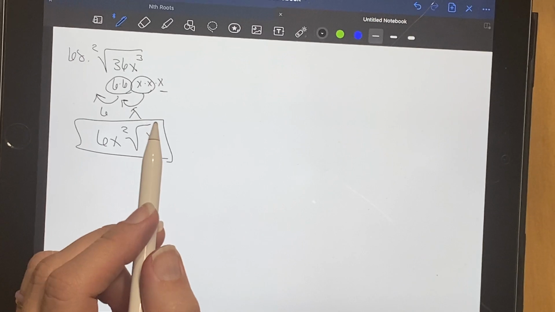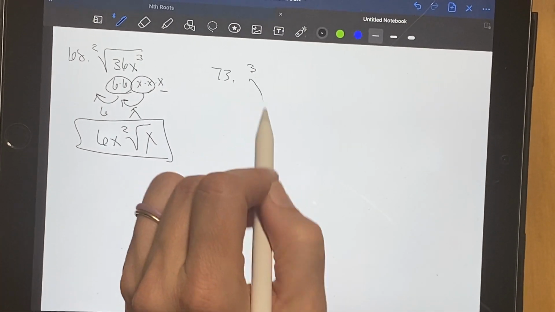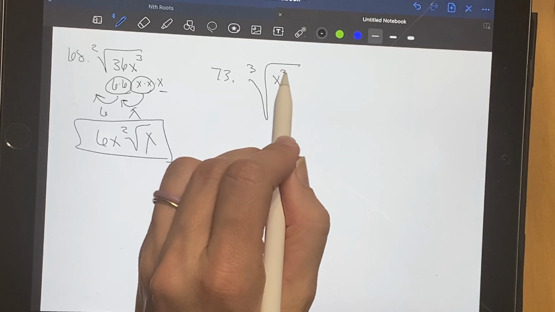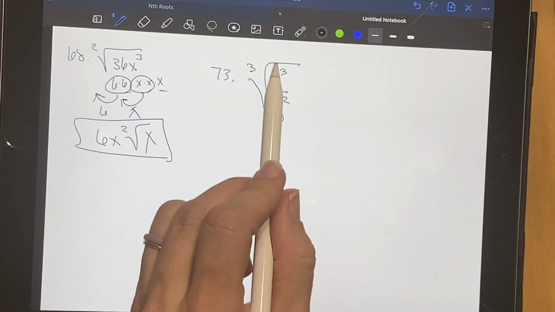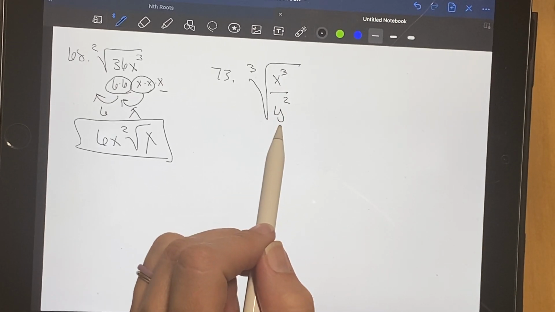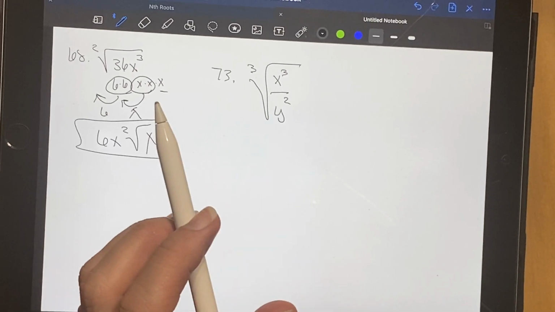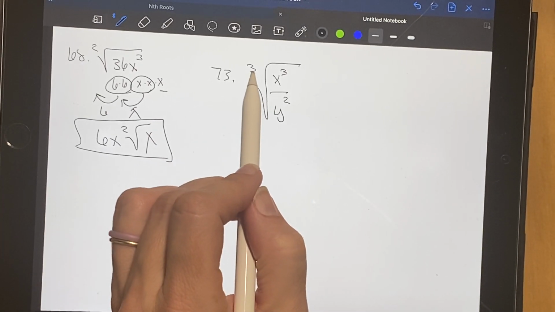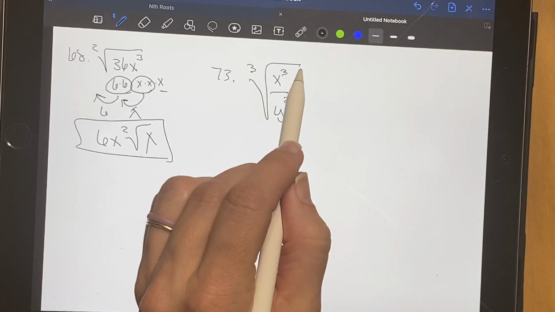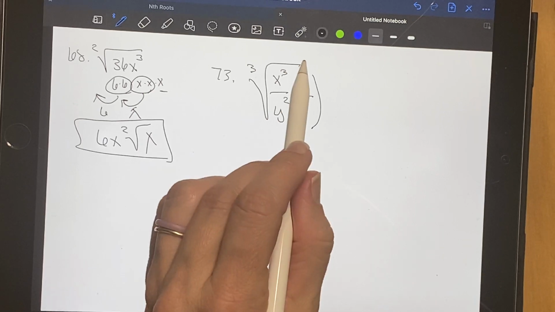Okay. Now, number 73, we have the cube root of x cubed over y squared. So initially we have this fraction. It's important for us to look at the fraction and say, I have to rationalize the denominator. I cannot leave a fraction. So I need 3 and I only have 2. So I'm going to make myself have 3. I'm going to multiply by the number 1.